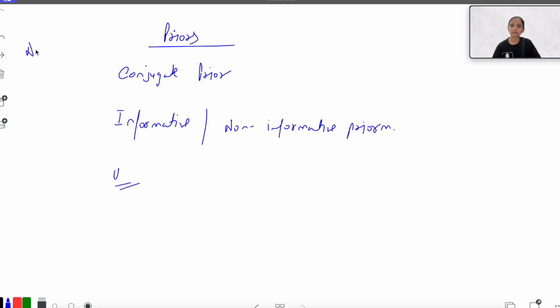That we will see in the next lecture. We have seen one prior already, that is the conjugate prior, so we will be deriving all these priors like the beta binomial and whatever the conjugate priors, we will see that.